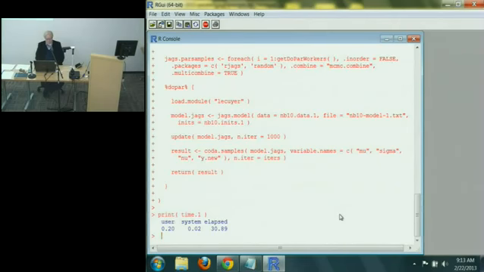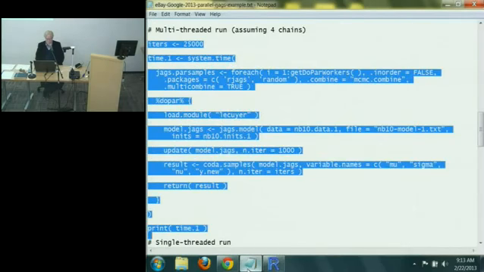So here the elapsed time was about 30.9 seconds on the clock, and that's, as you'll see in a minute, much faster than if we'd asked for single threading.